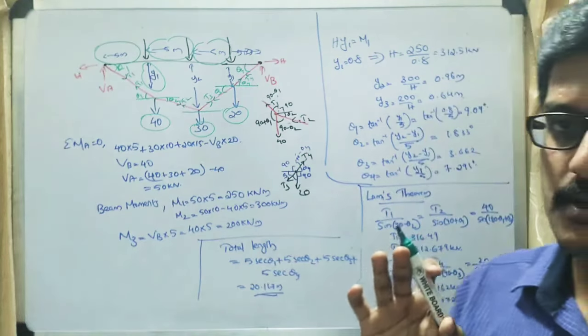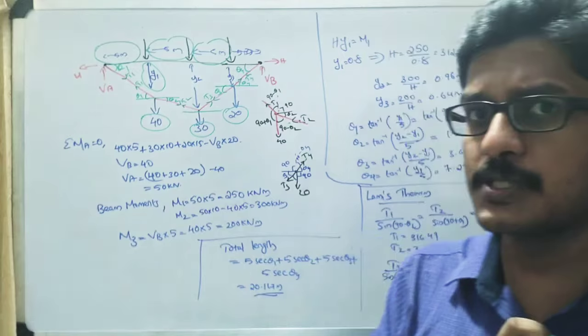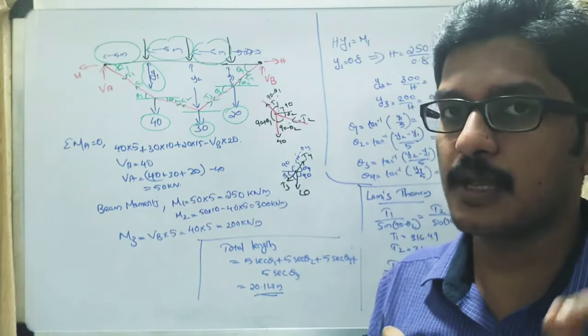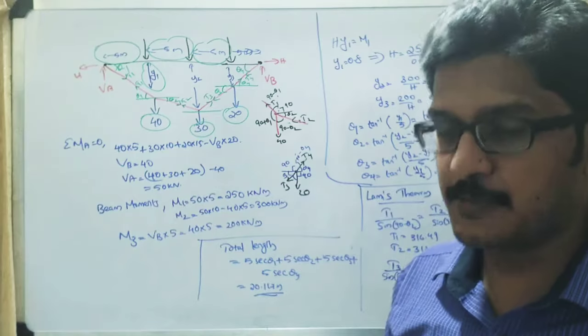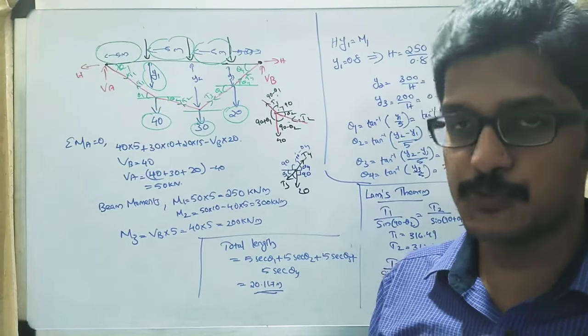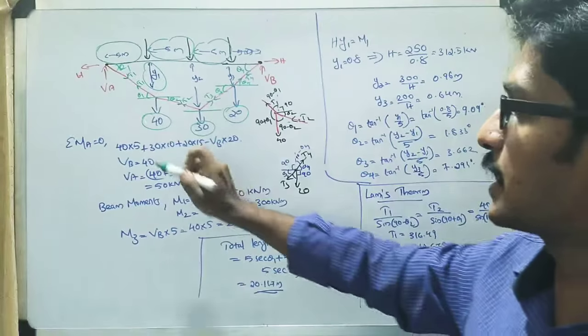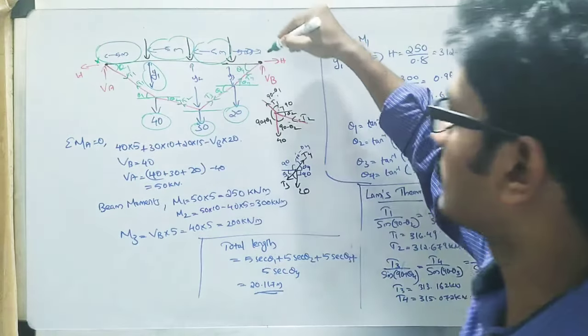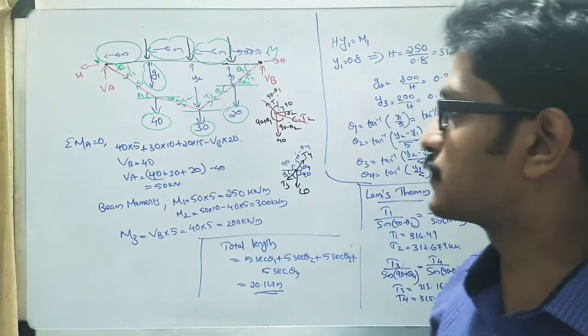In the theory part we discussed that the cable is flexible, isn't it? In the case of a cable, it is very flexible, so the bending moment is going to be 0. So here we can note down that, let us assume this support as A and here it is B. Sigma MA equal to 0.